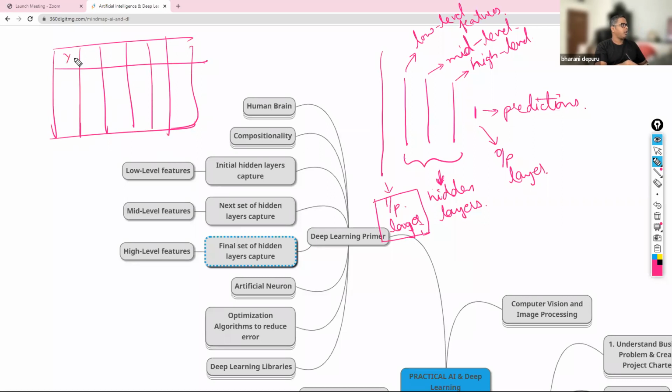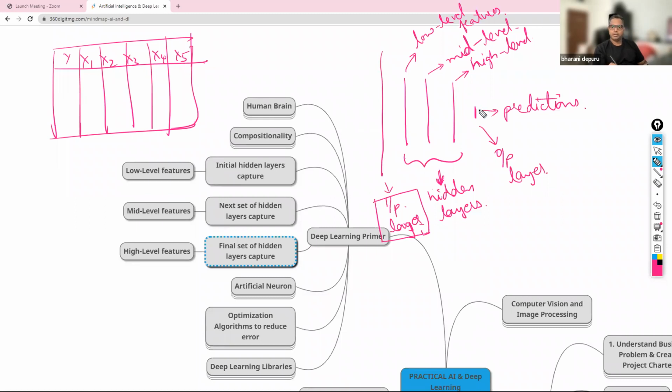If you have 5 inputs, then you will have 5 neurons in the input layer, plus 1 bias. So there will be a total of 6 neurons in the input layer: 5 neurons for the inputs plus 1 neuron called bias.